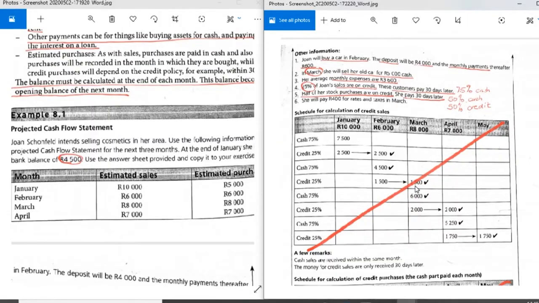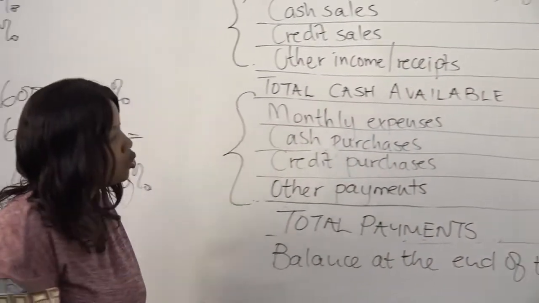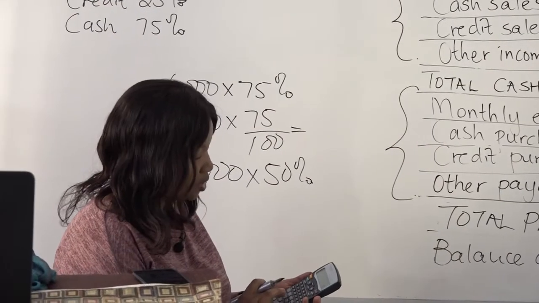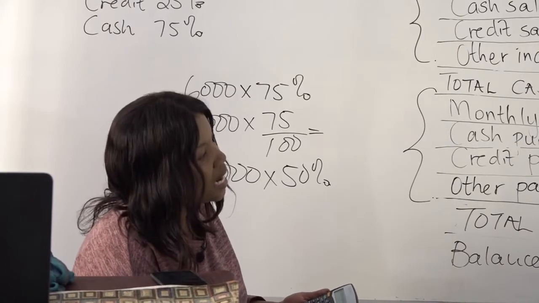Then other payments. Remember, there is that installments that is continuing for the vehicle or the car that was purchased in February. Now, there's no other information that talks to April, meaning that we are only going to record that 600 rands. Then we do our calculations for our total payments.